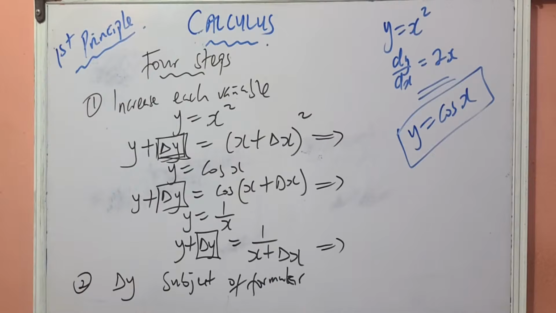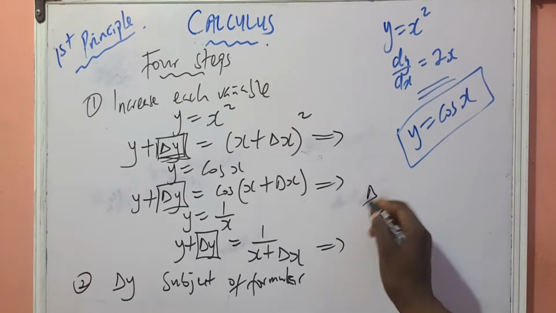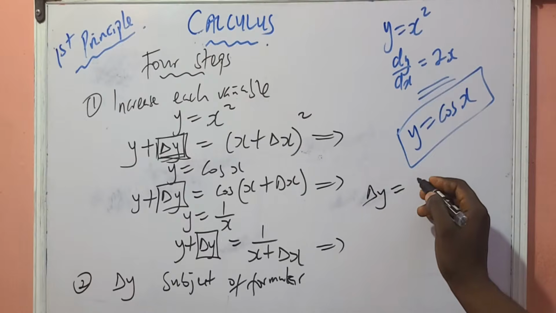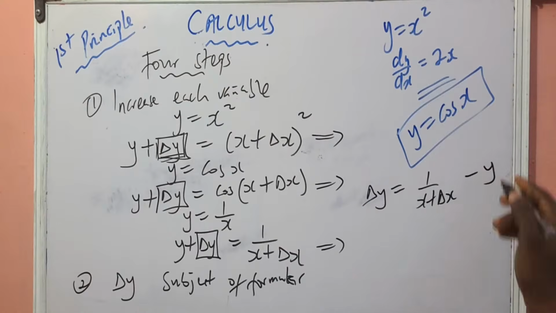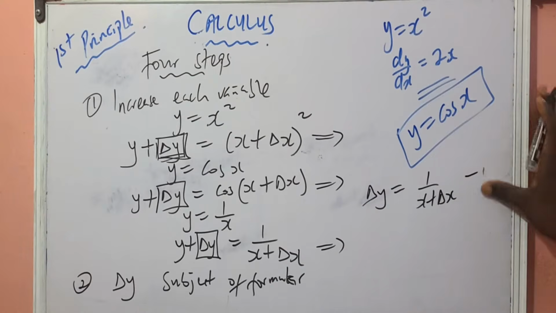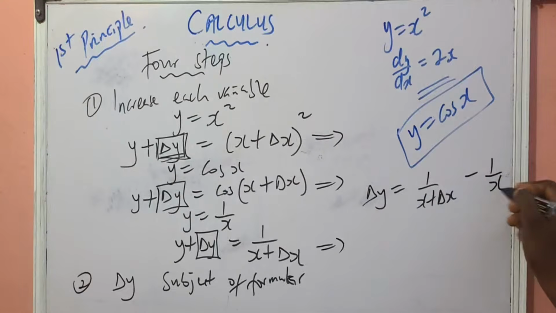The third step will be for you to now divide. After making change in y the subject of formula, then you want to divide. Let's take, for instance, you have change in y being equal to 1 over x plus dx minus y. Of course, this will be 1 over x. Just imagine this was what we had. So what I want to do next now is to divide both sides.